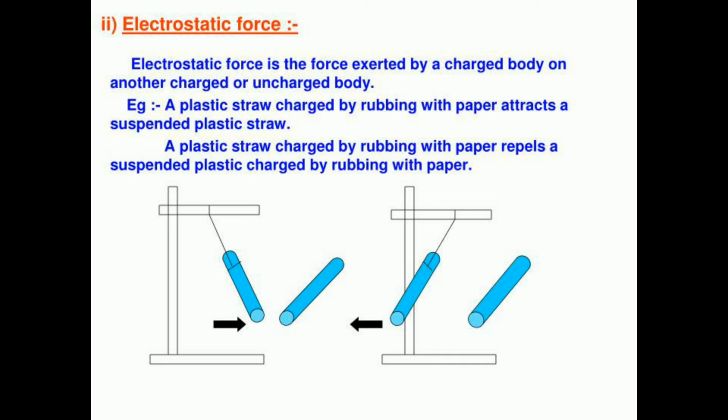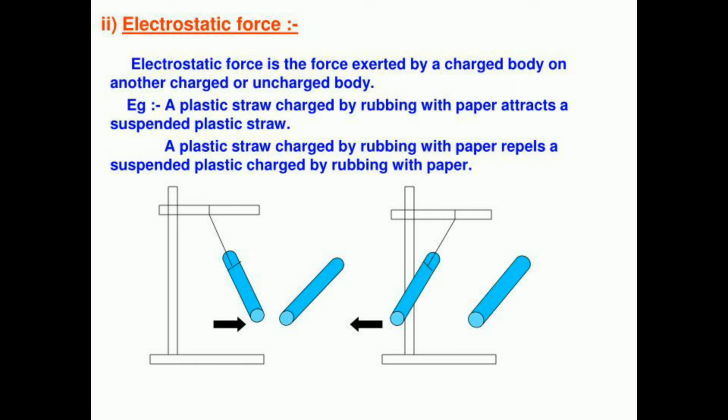So the term electrostatic refers to stationary electric charges. An object having stationary electric charge on it is called an electrically charged object. Force exerted by an electrically charged object is called electrostatic force, which can be either attractive or repulsive.